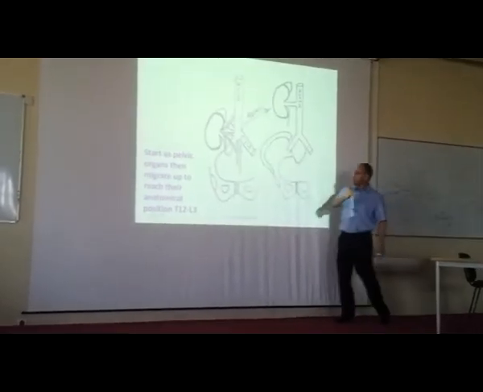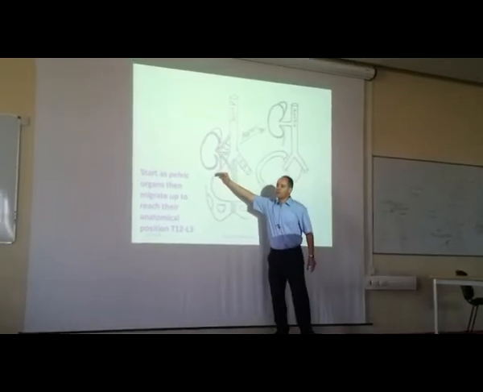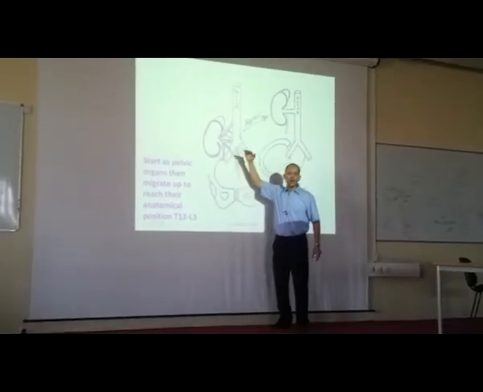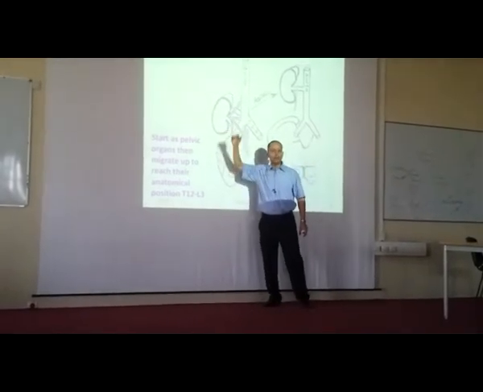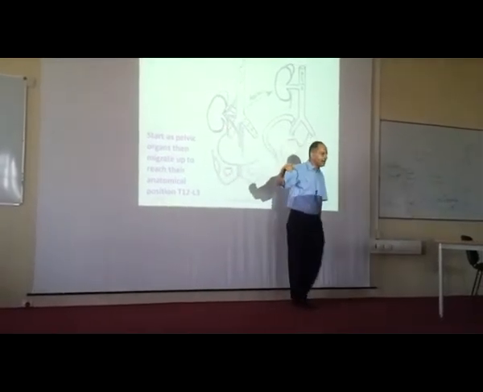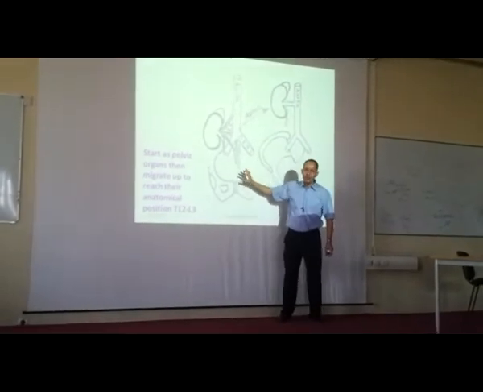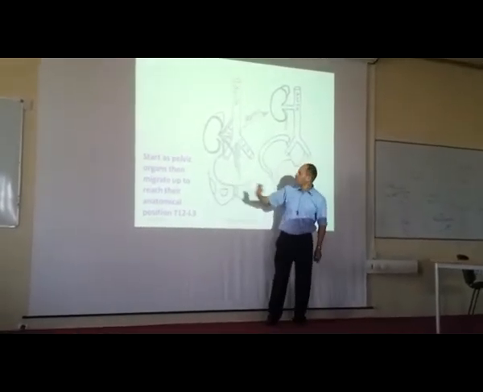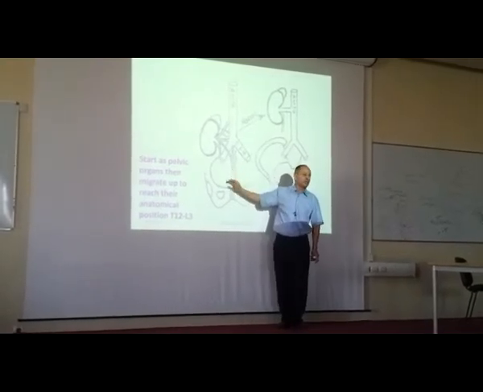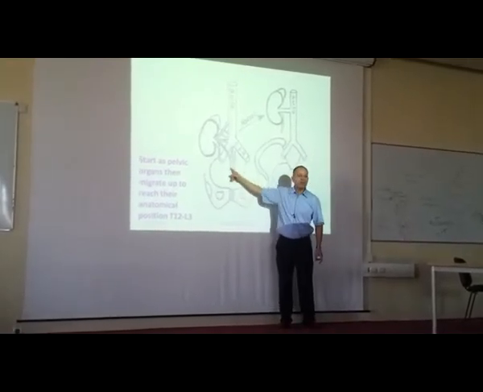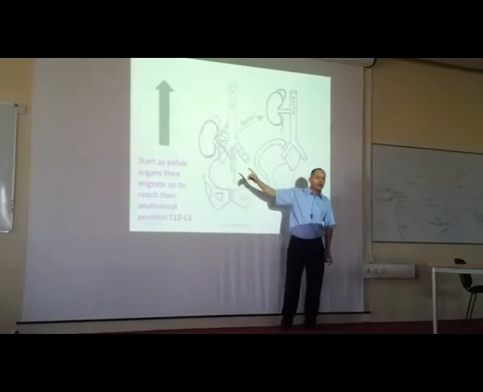Actually, as I mentioned, our metanephros starts in the pelvis, but later it will migrate upward. The organ in its original site takes its supply from the nearby artery. What is the nearest artery for the pelvic kidney? The median sacral artery.